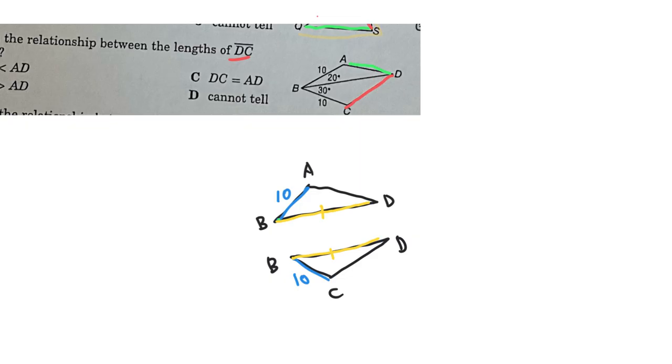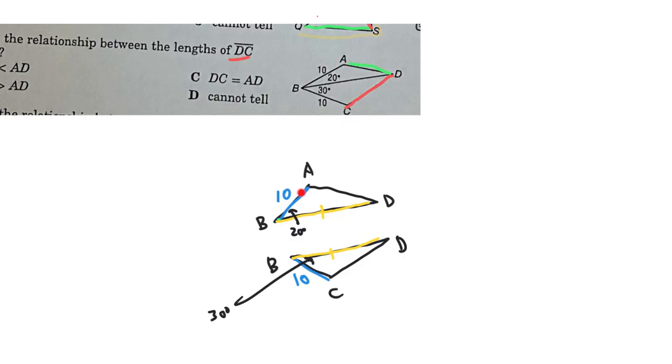Okay. Now, this is hinge theorem. Once again, hinge theorem says that if this side is congruent to that side and this side is congruent to that side, then you can compare the black sides depending on how big this angle is in here. Okay. Now, this angle is 20, and this angle is 30.